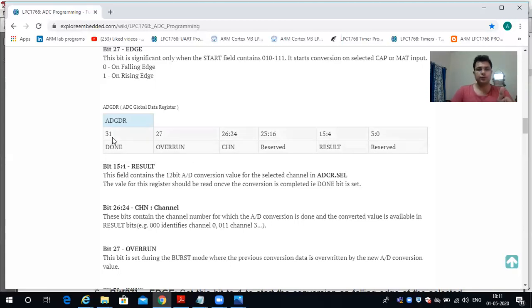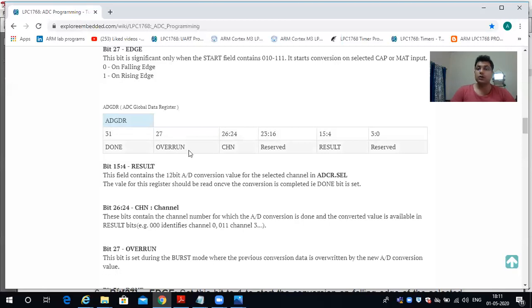Before overrun, we will understand bit number 31, the last bit position, the most significant bit. That's the done bit. When the conversion has taken place and is over, the ADC module will make the 31st bit 1. So that's the done bit that confirms that conversion has taken place.